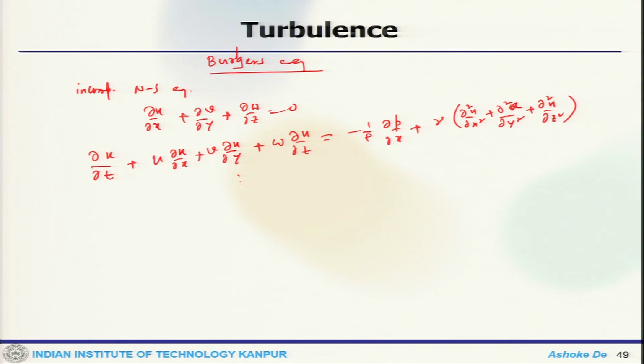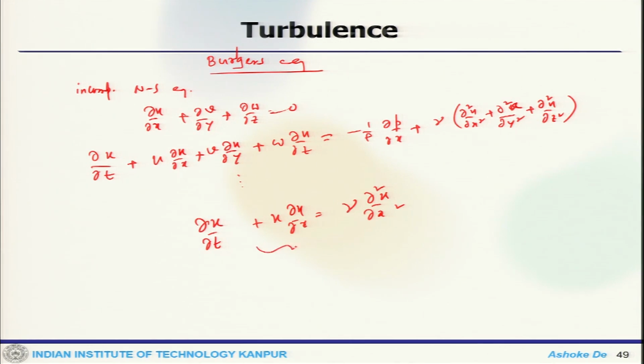So, the simple model to study the characteristics of turbulent flow is that we take the equation del u by del t, that is, retain the unsteady term, plus u del u by del x equals nu del 2 u by del x 2.